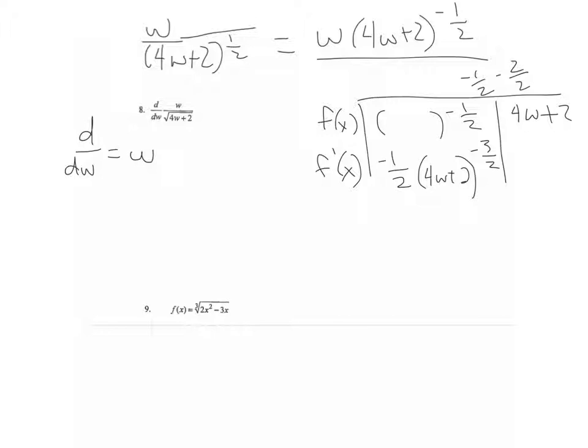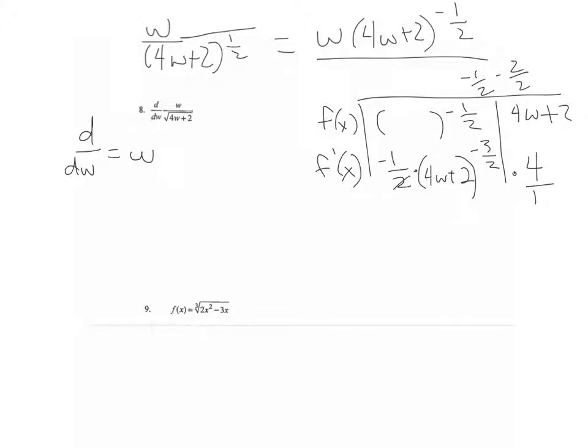Now the derivative of the inner term, the derivative of 4w plus 2: first term, derivative of 4w is 4. The derivative of a constant is 0. So that's what we're going to have for the derivative of this second term. It can be cleaned up a little bit though. So if I were to multiply all of these factors together, notice I have a negative 1/2 times 4 over 1.